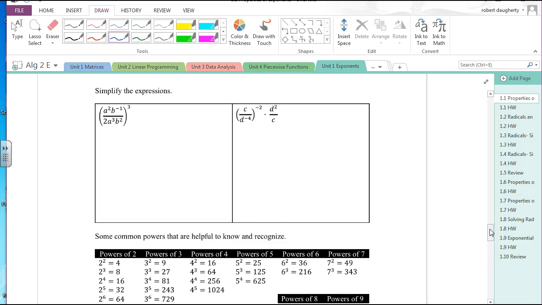Everything. So a squared cubed, what's that? That's a to what power? 6. B to the negative 1 cubed. What do I do with my exponents? Multiply. So this is a to the 6, b to the negative 3, over, what's 2 cubed?